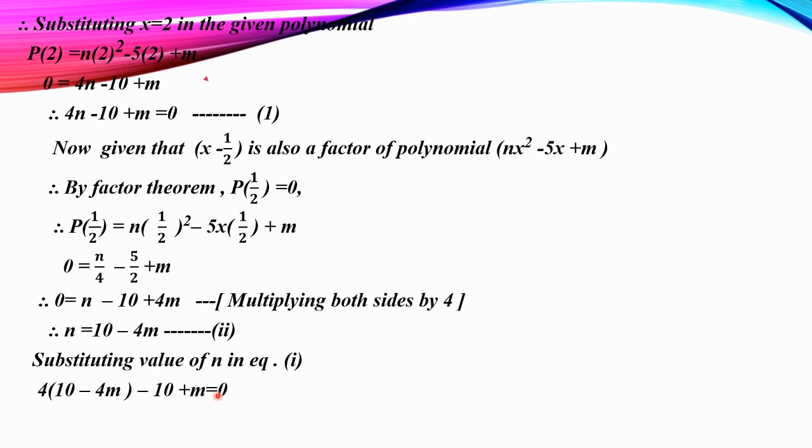Substituting the value of n in equation number 1, we get 4 multiplied by (10 minus 4m) minus 10 plus m is equal to 0. Here both the terms are in variable m. So multiplying 4 into 10, we get 40 minus 4 multiplied by 4 is 16m minus 10 plus m is equal to 0.